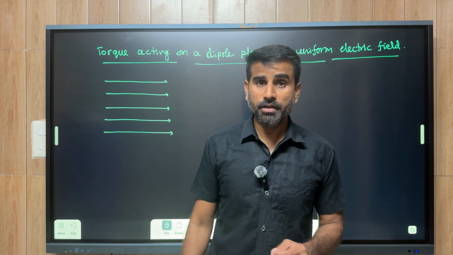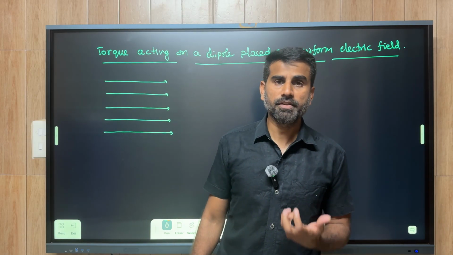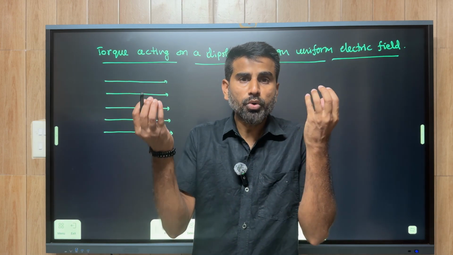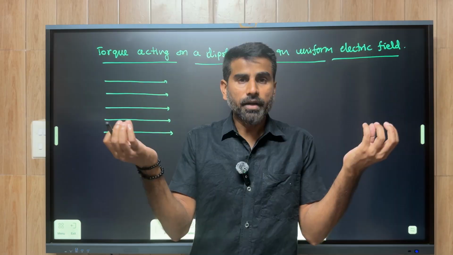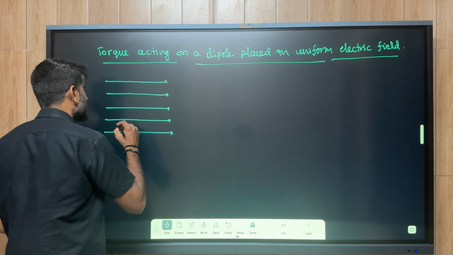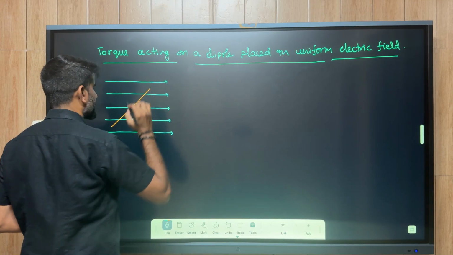In this electric field, we have to place an electric dipole, and we know what an electric dipole is. An electric dipole consists of two equal amounts of charges of opposite polarity separated by a small distance. So the dipole that I am representing here is something like this.